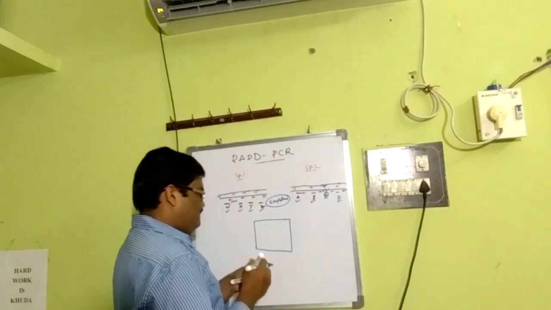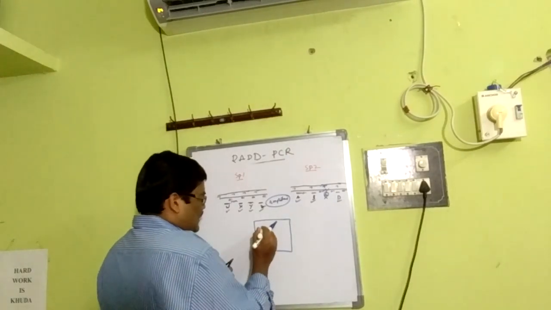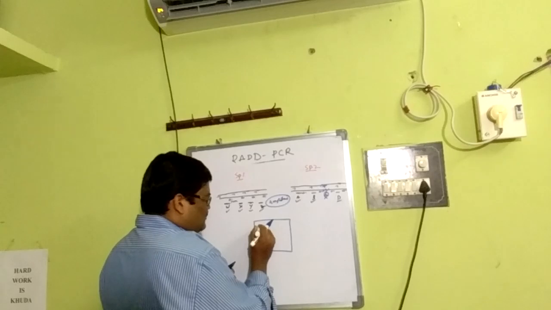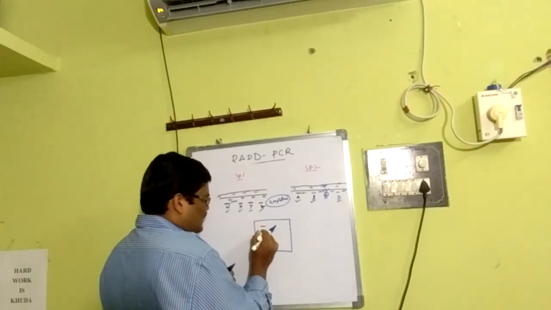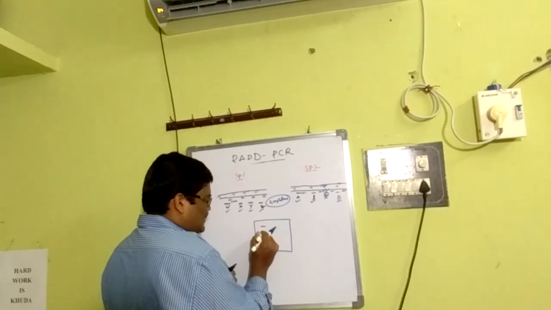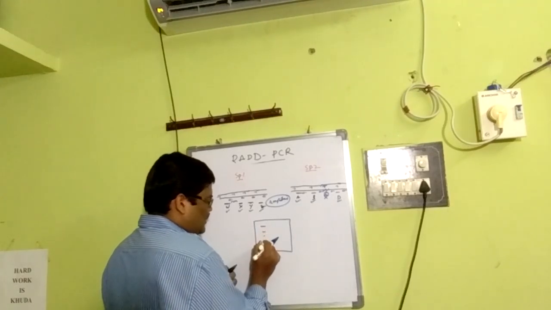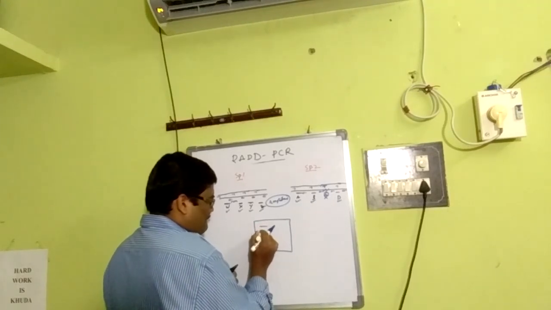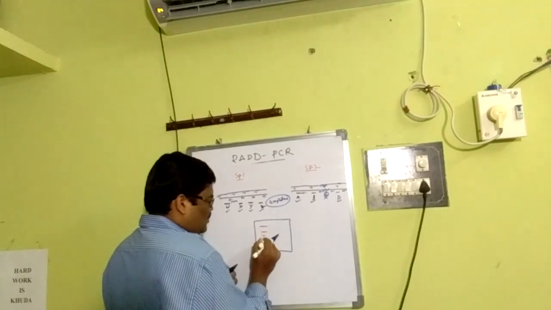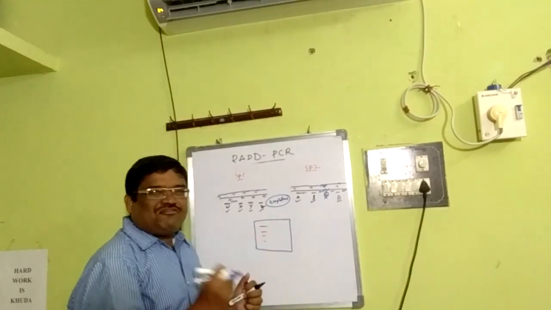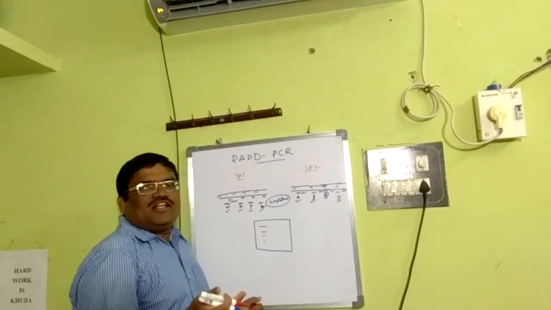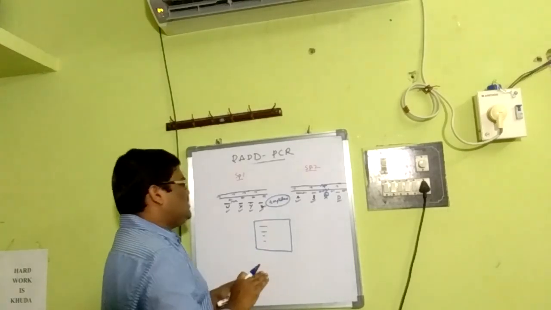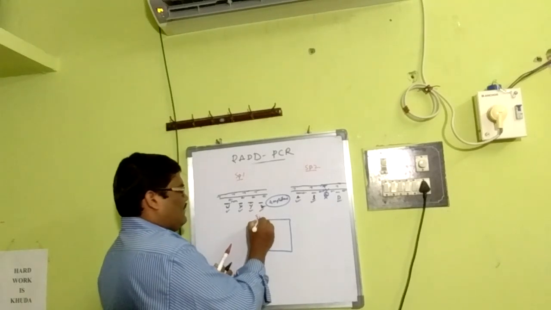Say for understanding, there are three. This is for W, this is X, this is Y, and this is Z. You know, we have discussed that the lighter DNA fragments move farther towards the end, whereas the heavier DNA fragments are somewhere in between. This with respect to species 1.